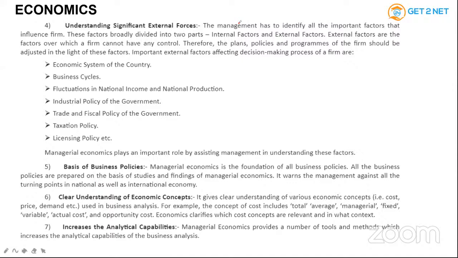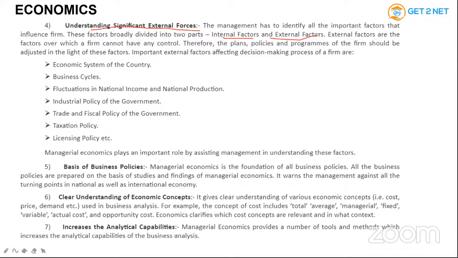The fourth importance of managerial economics is to understand the external forces. Always remember, management gets affected by two factors: internal factors and external factors. The firm has no control over external factors, but the organization can have control over internal factors.